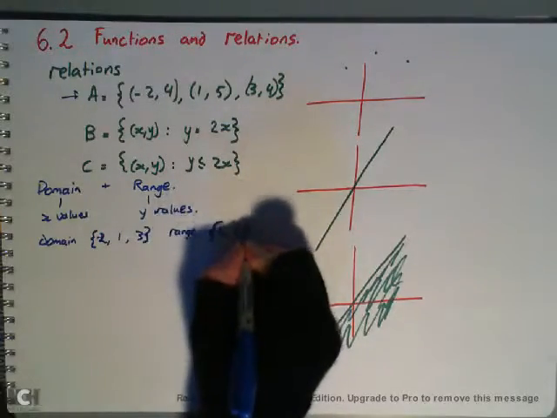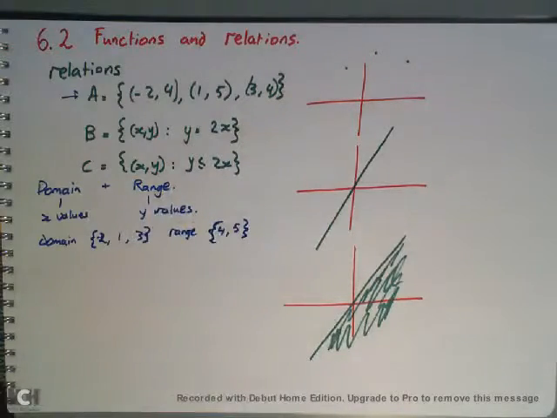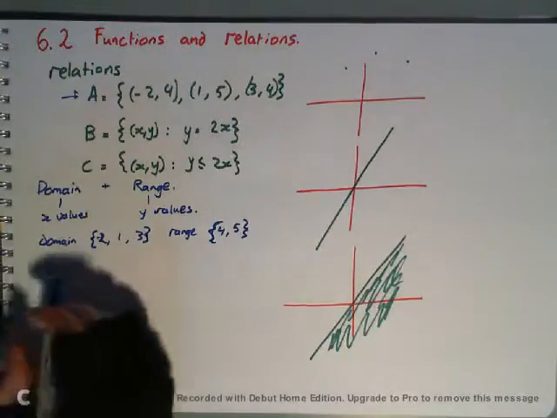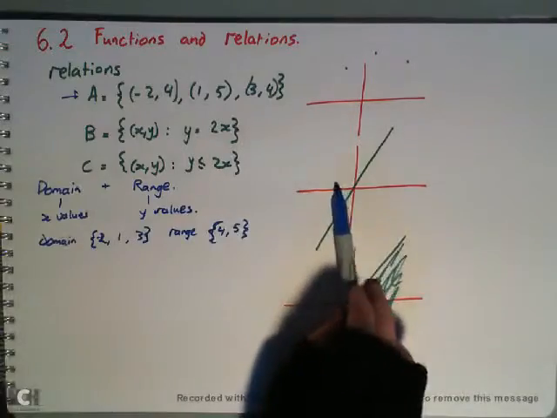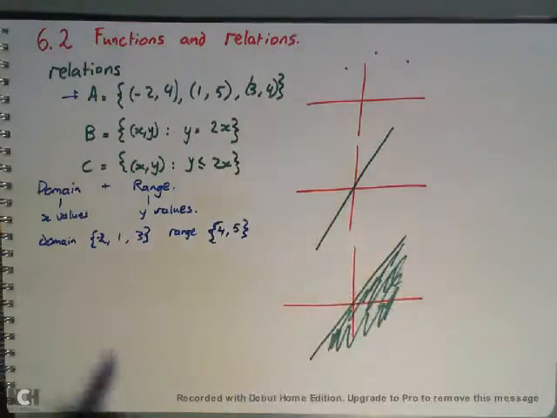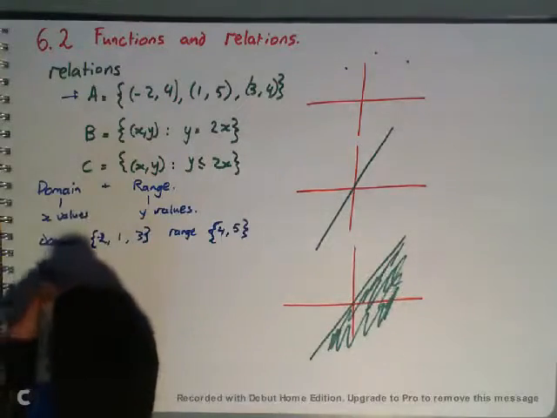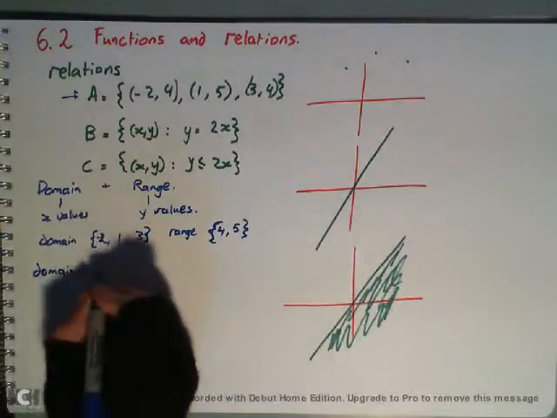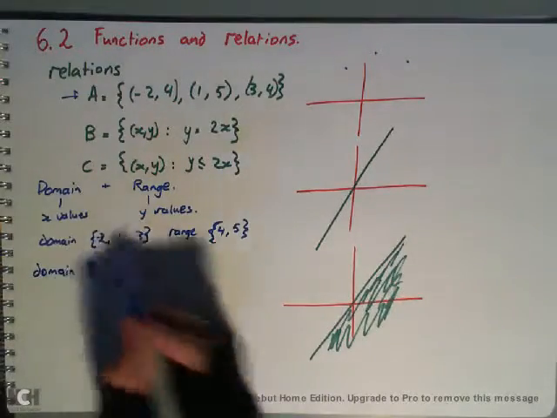Okay, I can't draw these squiggly brackets very well. For both B and C, the domain is going to be all real numbers, because we go from negative infinity to positive infinity.